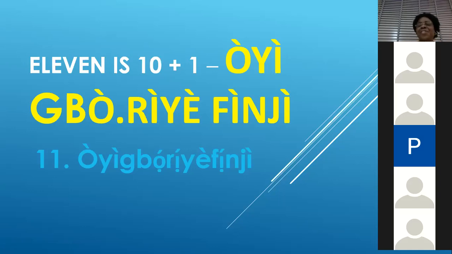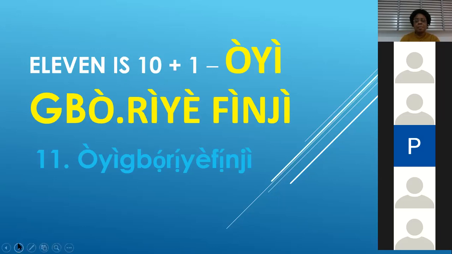I said I don't know the genesis of it. I don't know the history behind it. Just accepted it as I've always known it. But the key point is 10 and 1, and a lot of the double digits follow this basic mathematics. So Oyi, Boriye, Finji. Oyi is 10, Boriye is 1, 10 and 1.